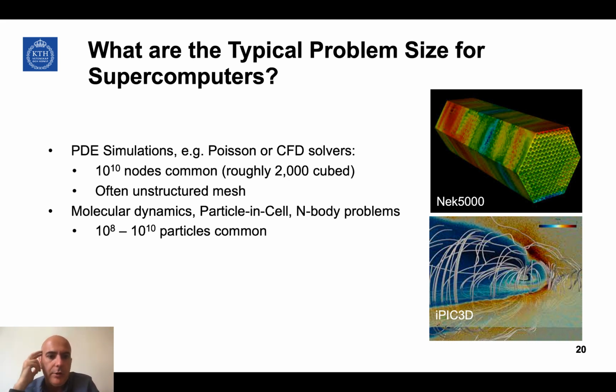When it comes to molecular dynamics, especially particle-in-cell problems, the number of particles might go up to a very large number. So 10 to the 8, 10 to the 10 is quite common, right? These are numbers that we cannot handle with a laptop or even a powerful workstation in the lab. So we need to rely on an HPC system.